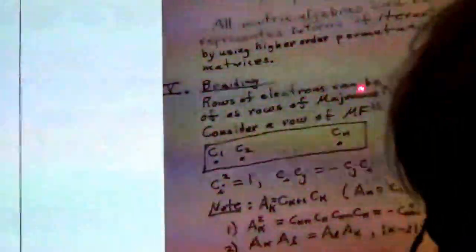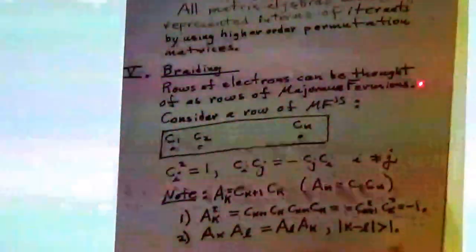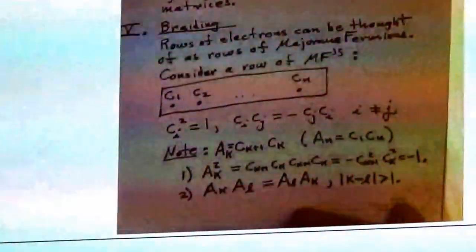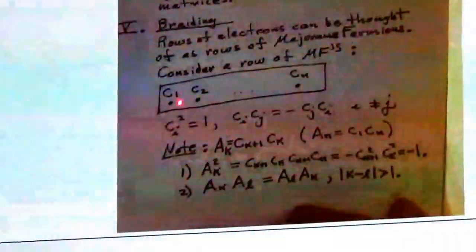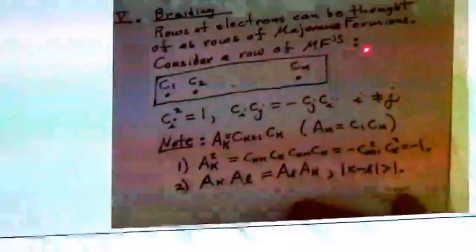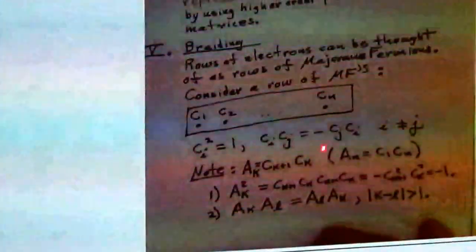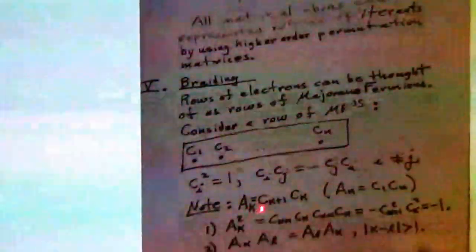So I want to think about a row of electrons as a row of Majorana fermions. So I can consider, each electron is 2 Majoranas, but let's just consider a row of Majoranas. Here we have them. And I have Ci squared is 1, CiCj is minus CjCi. And I'm going to define Ak to be Ck plus 1 Ck.